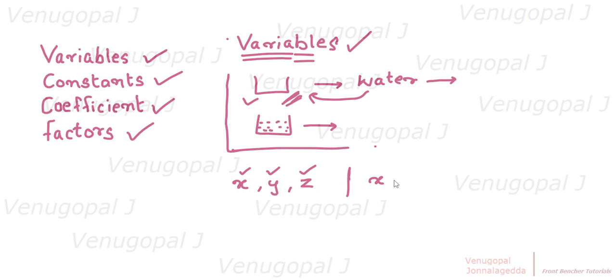In mathematics, you store values in them. This is the syntax. The left part is the variable and the right part is the value. The variable is a container which stores some value or constant or number.